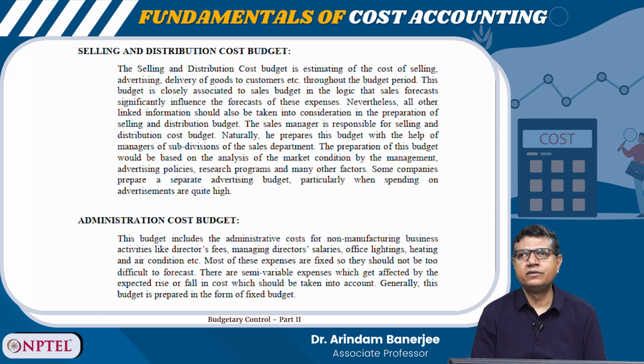Usually what happens for the services industry, like for example banks, hotels, is that companies belonging to the services industry have quite high overhead. Their material cost is low, but the proportion of overhead in the cost structure is quite high.